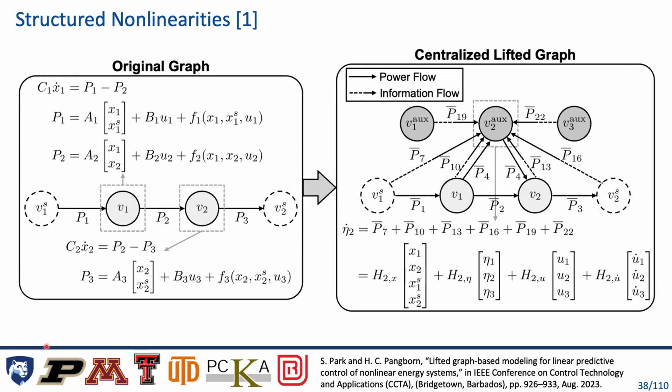This augmented graph still makes sure that conserved quantities remain conserved. So that property of this graph is maintained. But now you can simulate the nonlinear system to estimate the dynamics of these new auxiliary states. And these will be linear. So this lifted system is linear, but it's designed to closely approximate the nonlinear system.